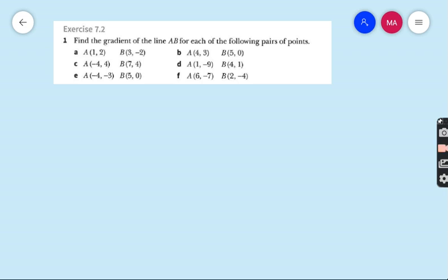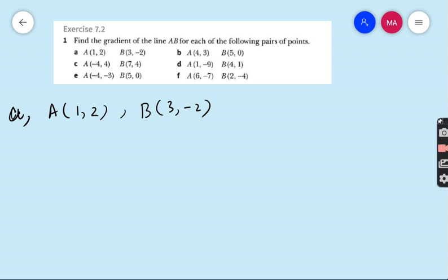Question number 1 is: find the gradient of the line AB for each of the following pairs of points. Very easy. Part A is A(1, 2), B(3, -2).